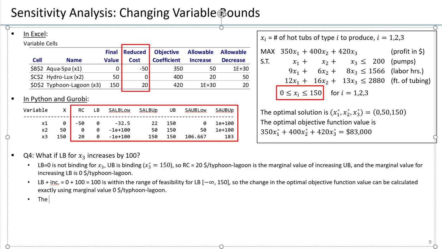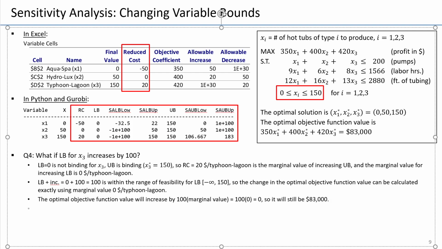The optimal objective function value will then change by 100 times this marginal value, which is 100 times 0, equal to 0. So it will still be 83,000.